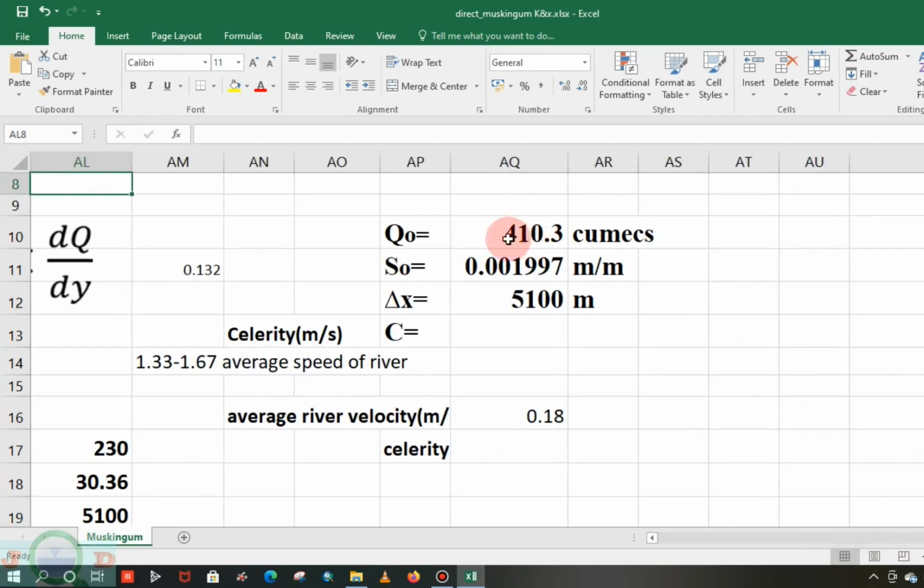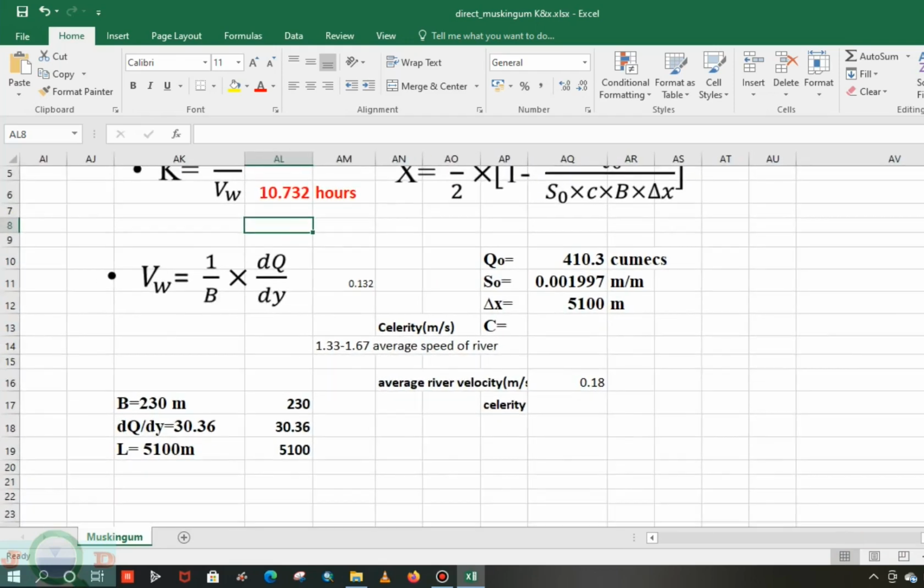So here the 410, the bed slope, which I already discussed in these slides, how we took the stream bed slope, and delta x is the length of the reach, which is already known, 5100. The celerity of the flood wave c, you can take between 1.33 to 1.67 of the average speed of the river.